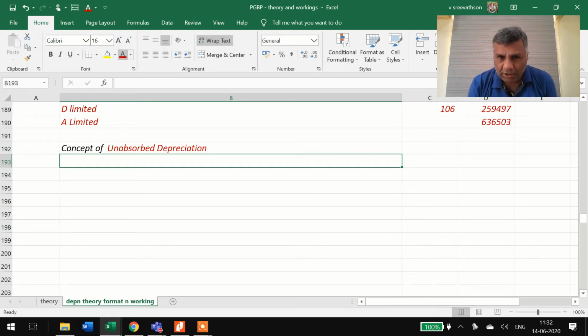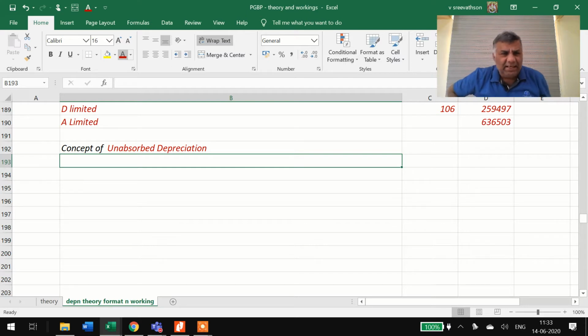I know you are in your theory notebook. Just two lines for a T-shaped P&L account, for ease of understanding. On the credit side, by gross profit 6 lakhs.